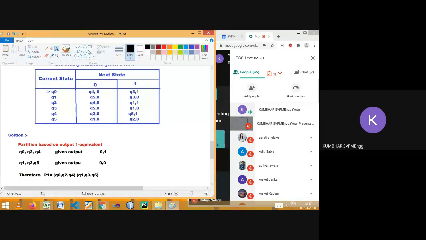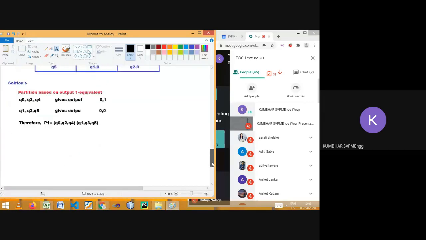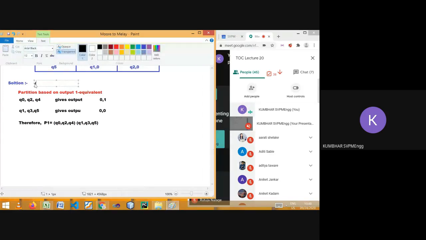Now whatever new groups we received, now we have two groups. See here, before starting we had Q0, Q1, Q2, Q3, Q4 and Q5. These 6 states we had. By observing these 6 states, we are able to divide this into the one equivalent partition, that is Q0, Q2, Q4 in one and Q1, Q3, Q5 in another.